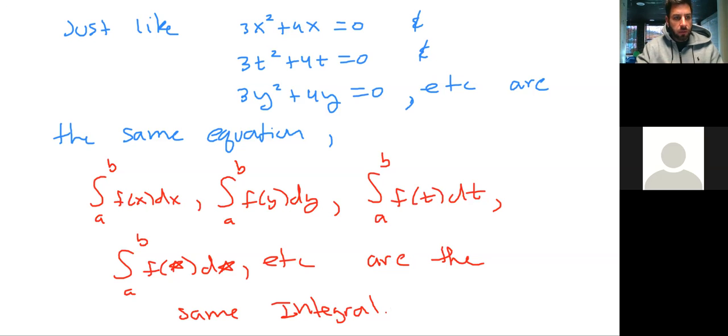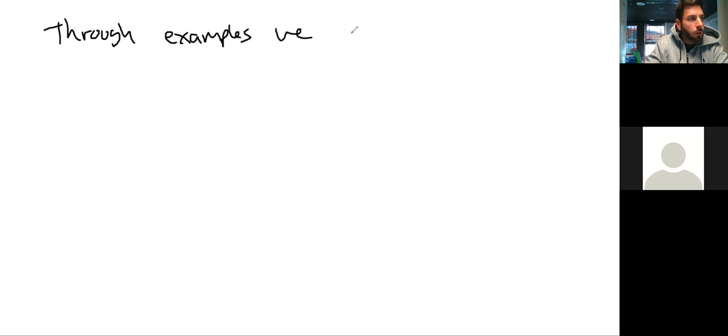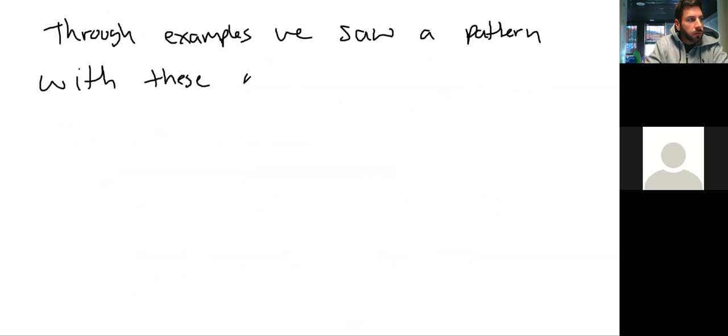Okay, so what did we sort of discover? We did a few examples last class with these area functions, and we had a conjecture. We had some pattern we saw. So through examples, we saw a pattern with these types of functions.